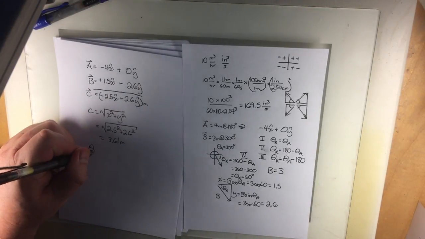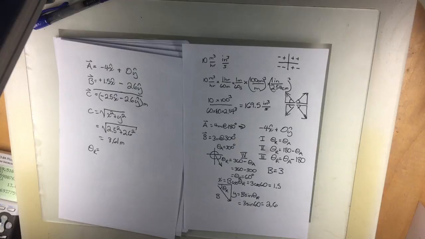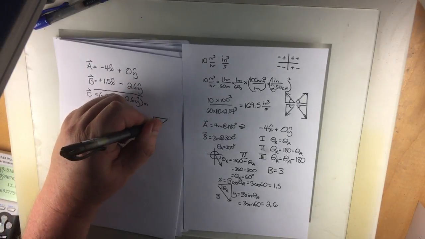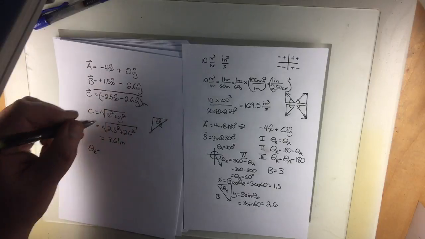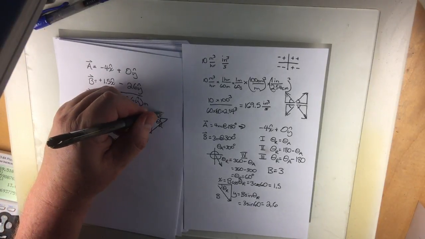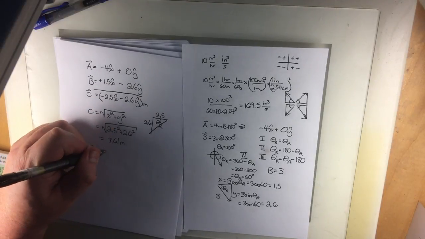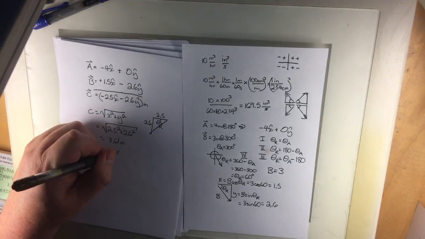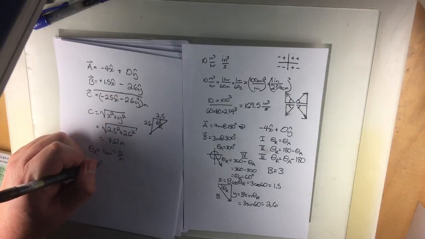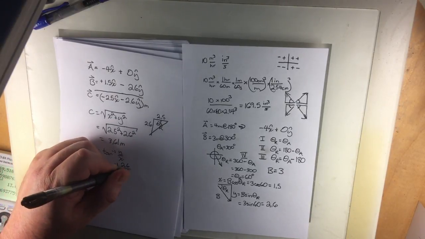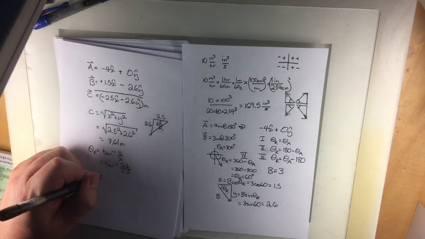The theta reference, if we draw this out, it's a third quadrant vector. How do I know? Negative x and negative y. So you draw x, y, cross it, theta r. That length is 2.5. This length is 2.6. Inverse tan of y over x. Inverse tan of 2.6 over 2.5.